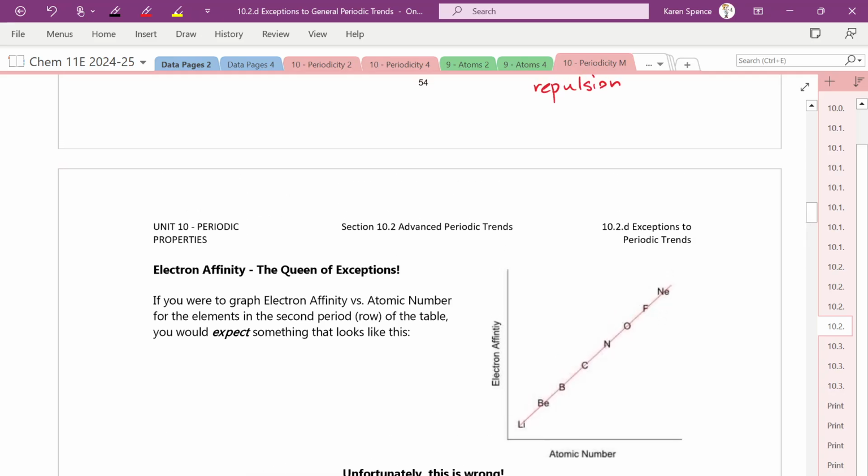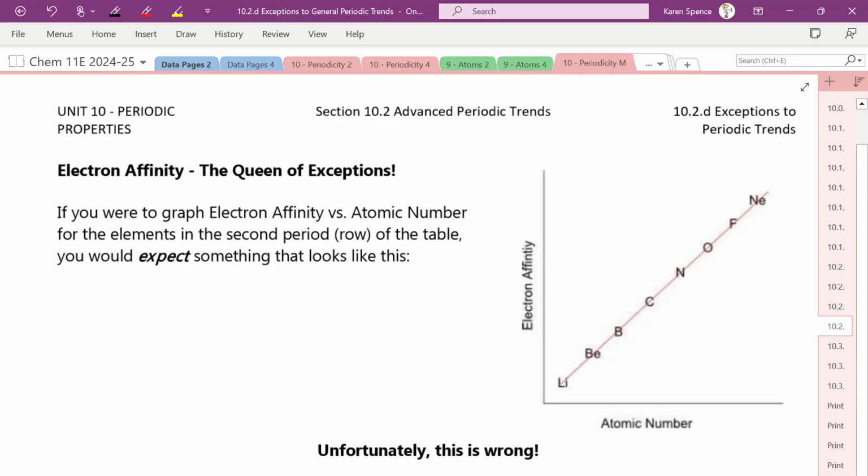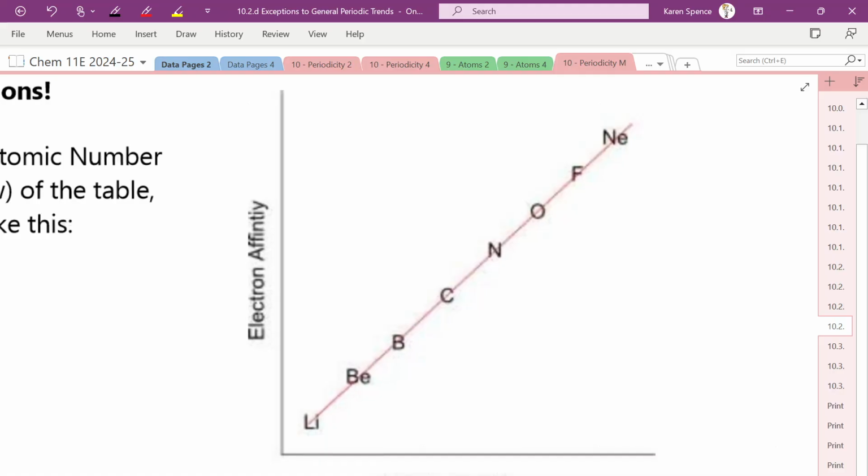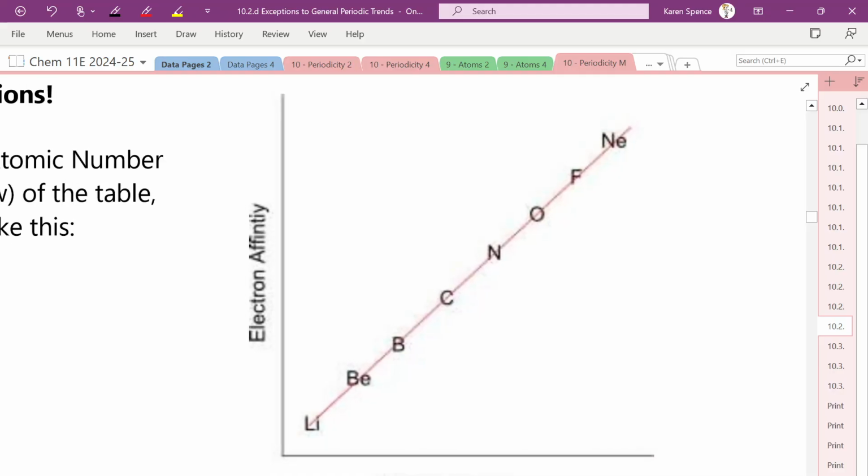Okay, and then we come to electron affinity, which is the queen of exceptions, but how often does electron affinity come up? Never. So we would expect electron affinity to go like this because down here we have Zeff of +1. Up here we have Zeff of +8.